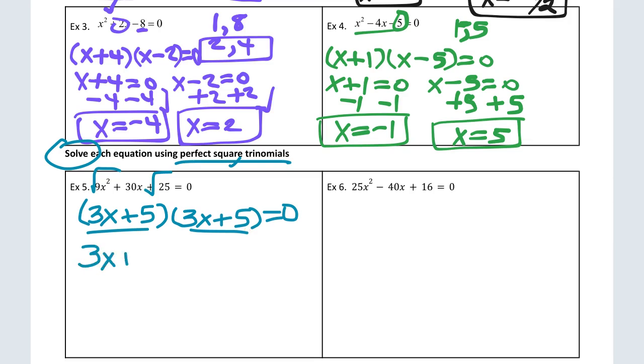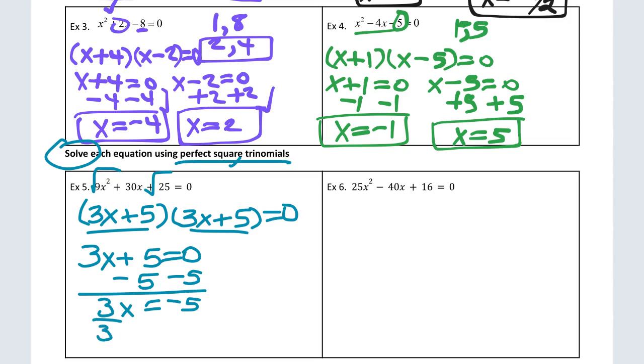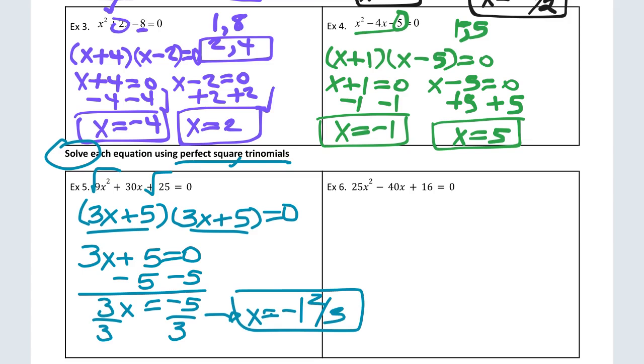Therefore, all we need to do is set one of the factors equal to 0, since the other answer will be the same. Then subtract the 5 on both sides of the equation. Then divide by 3, for x equals -1 and 2/3. Except this multiplicity is 2, which we will learn about in polynomials.